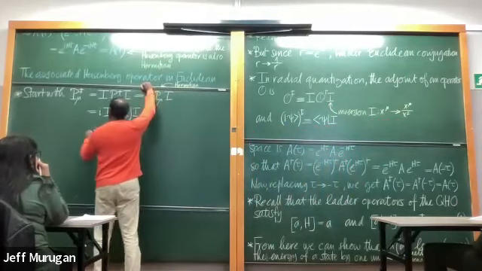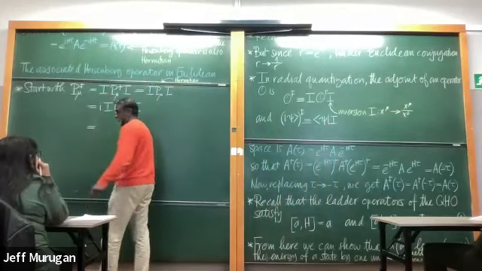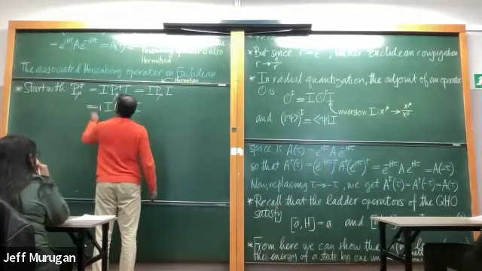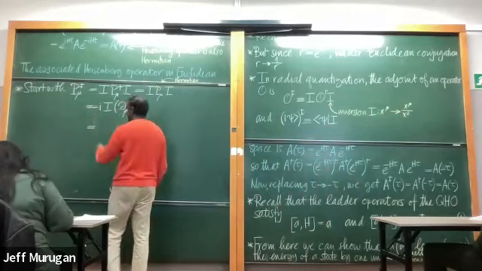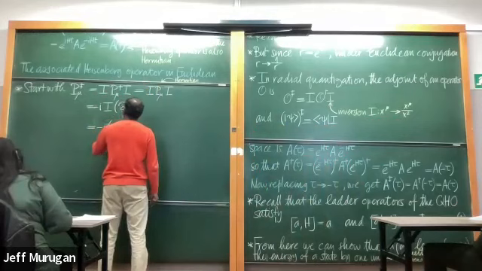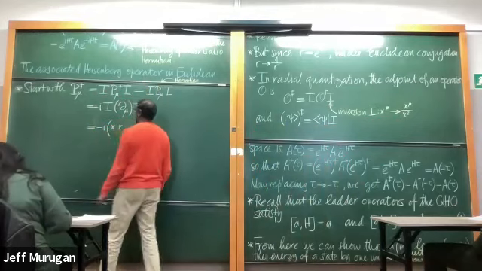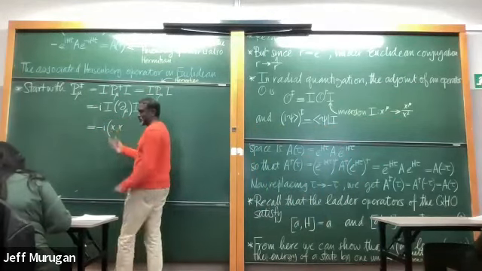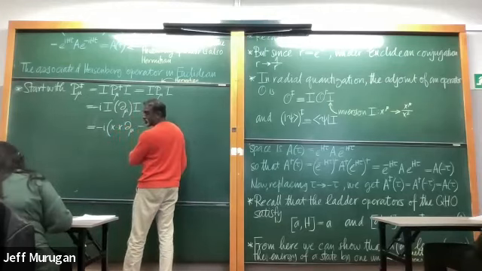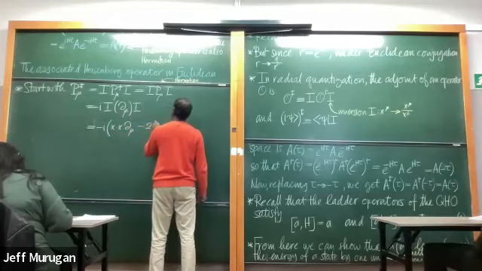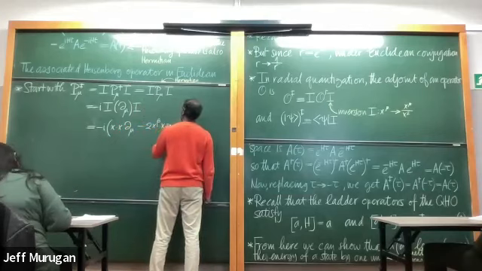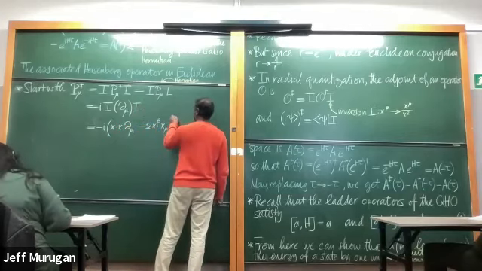So the upshot, which I'm going to give you on the next slide, is that this is just minus i times x dot x, d mu minus 2 x mu x dot d.